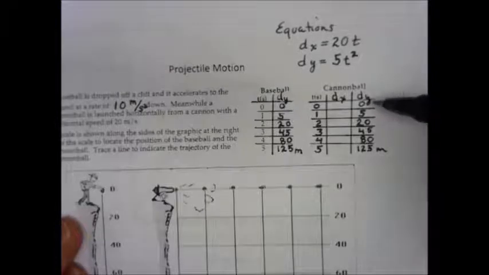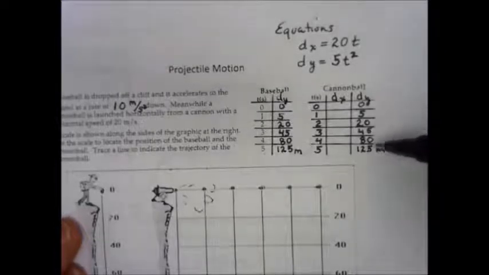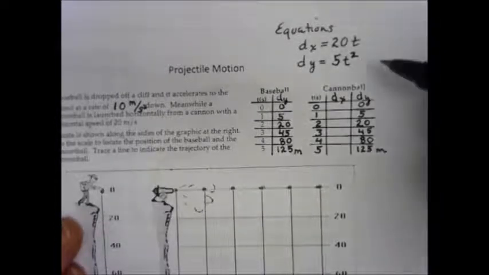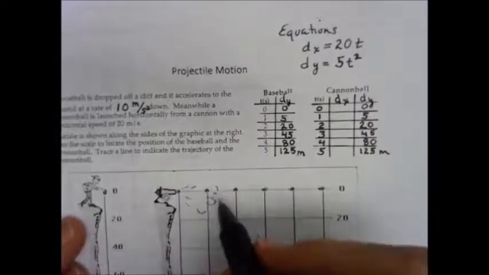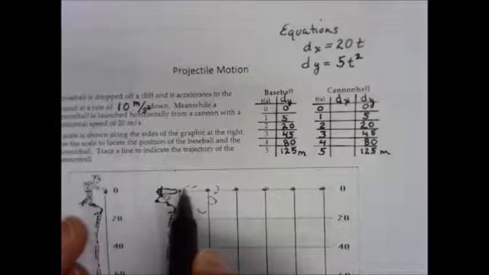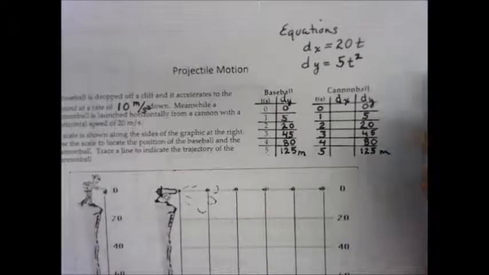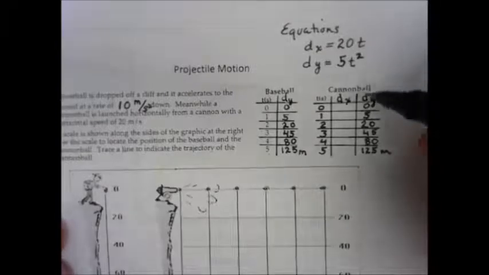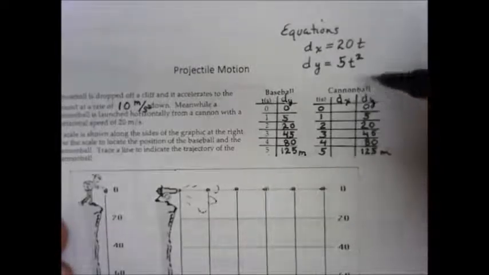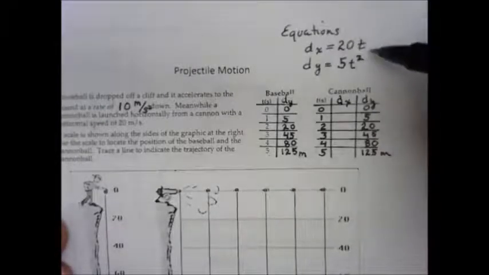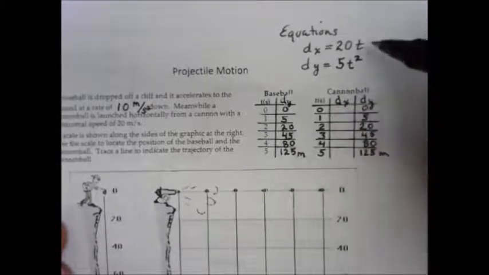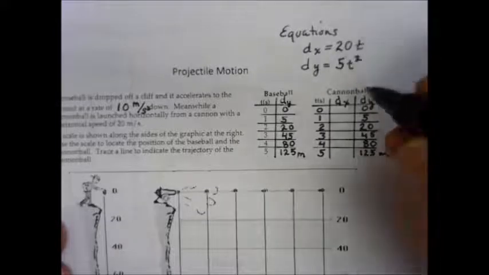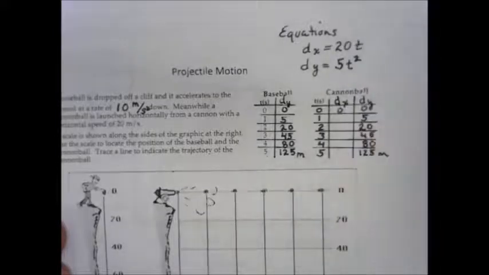Alright, so here we see the same data in this data table. We just need to add the dx. Now remember, dx is the cannonball traveling off in this direction. So dx is equal to 20t. At t equals 0, dx is equal to 0.